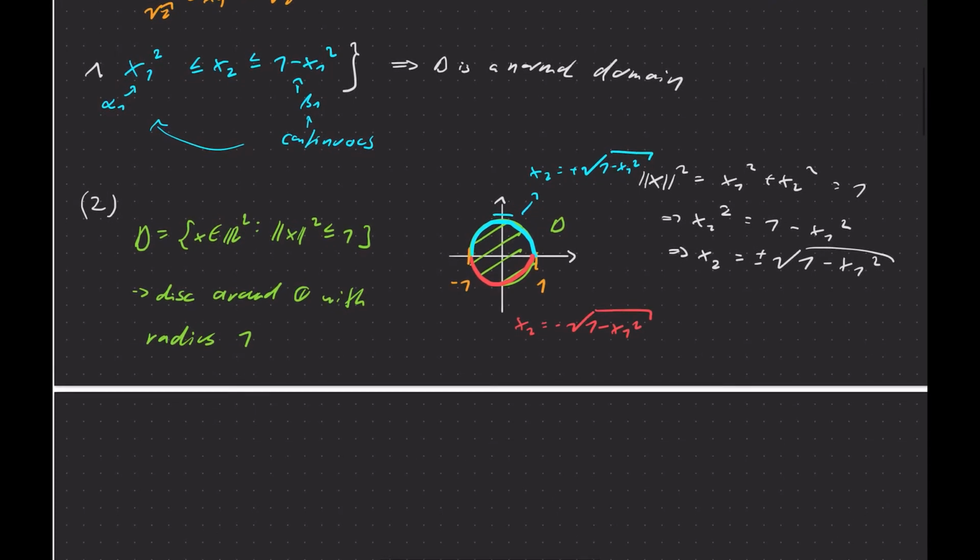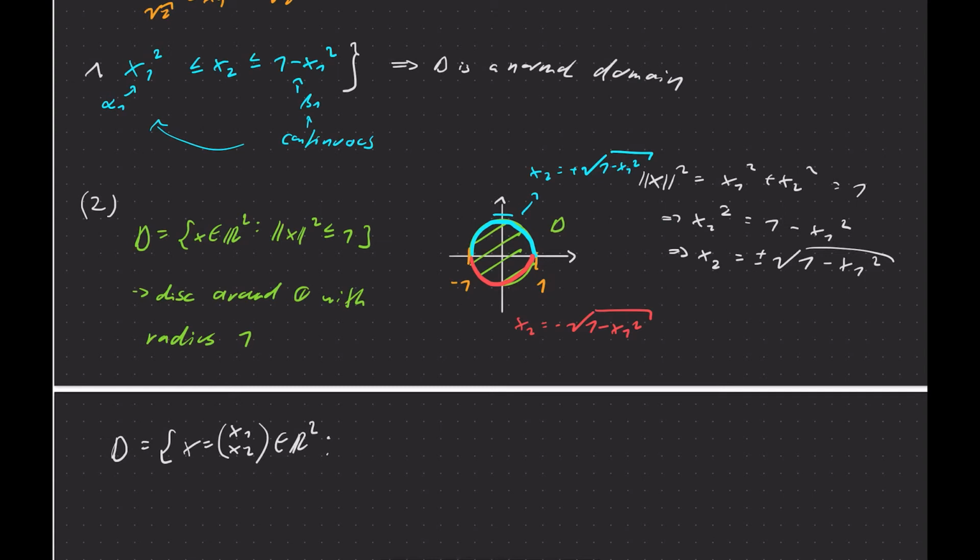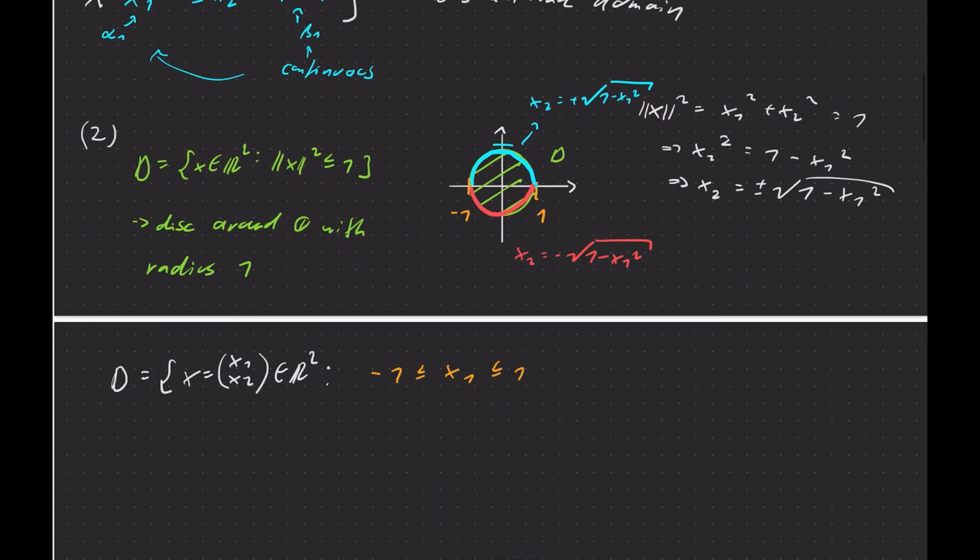And that means we have our description of the set D. So D is all x equals x1, x2 in R2, where the following is true: x1 varies between -1 and 1, so those are just constants, and x2 varies between the red lower bound, minus square root of 1 minus x1 squared, is less or equal to x2, is less or equal to that blue upper bound, square root of 1 minus x1 squared.